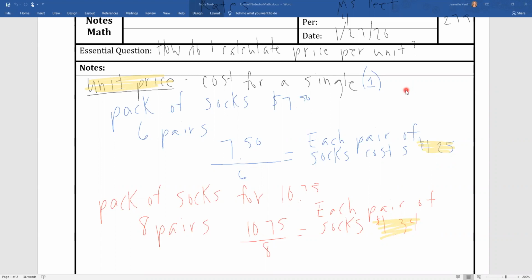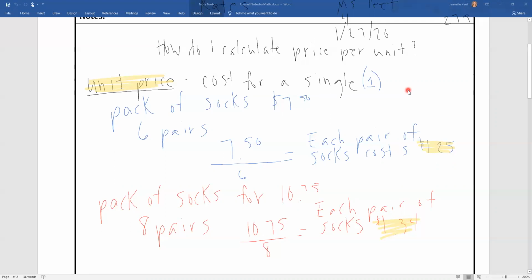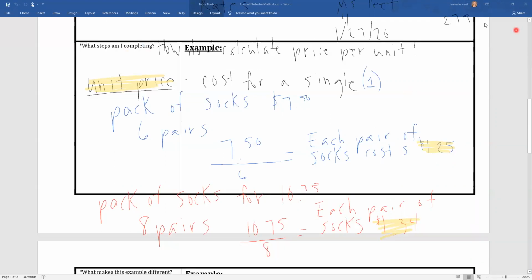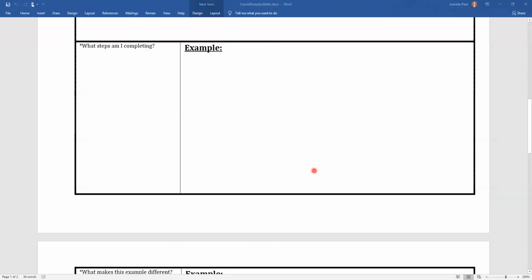So let's go and do some examples. I'm going to scroll down to my first example here. And for those of you that are following along in the book, we're now at the top of page 280. This is example number 3.